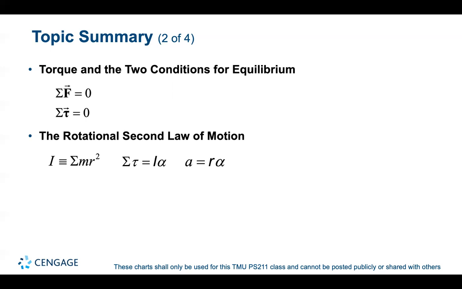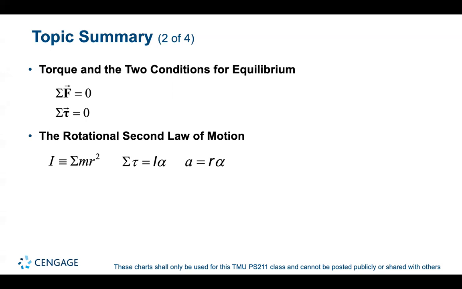simultaneously. The rotational second law of motion: the moment of inertia of a group of particles is defined as shown. If a rigid object free to rotate about a fixed axis has a net external torque acting on it, then the object undergoes an angular acceleration alpha.